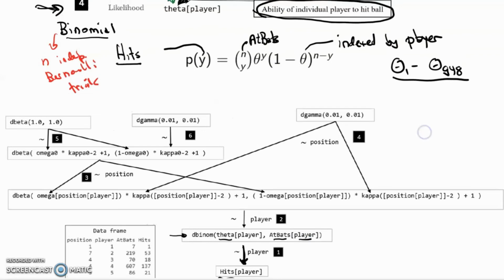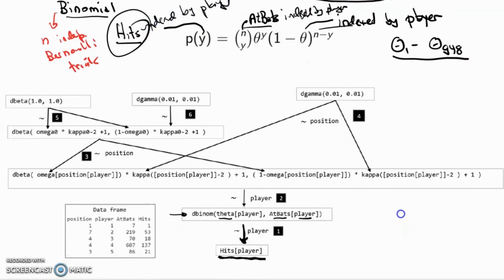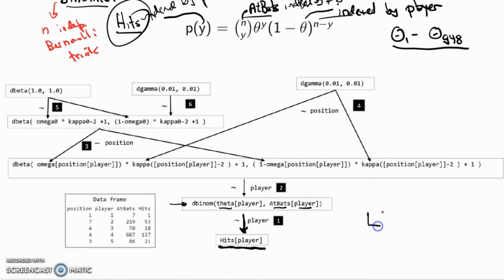And that's what we saw up here. So we've got hits, we've got at-bats, and we've got thetas, and all these things are going to be indexed by player. That was our likelihood function.